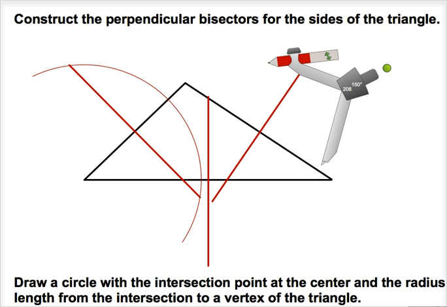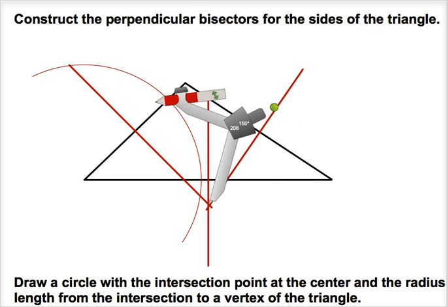Let's see. Draw a circle with the intersection point at the center and the radius length from the intersection to a vertex of the triangle. All right. So it looks like my perpendicular bisectors, I didn't quite draw them long enough, so let me extend them out just a little bit more. Okay. So now what I'm supposed to do is measure from this intersection point to a vertex of the triangle.